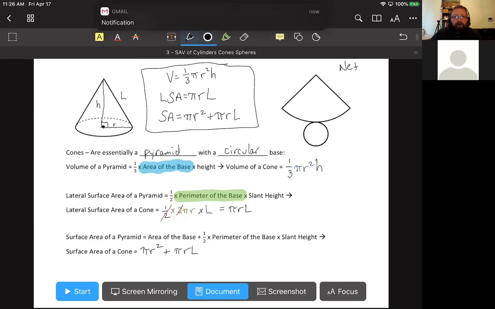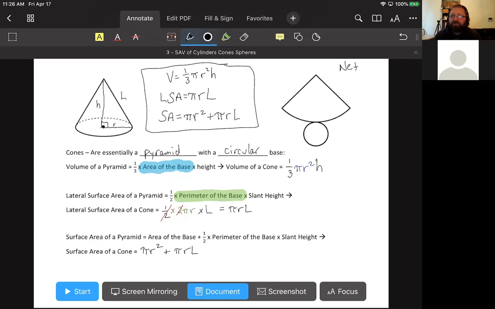All right. So those equations up at the top there, those are your cone equations. Please grab a screenshot. If there are any questions, drop them in chat.